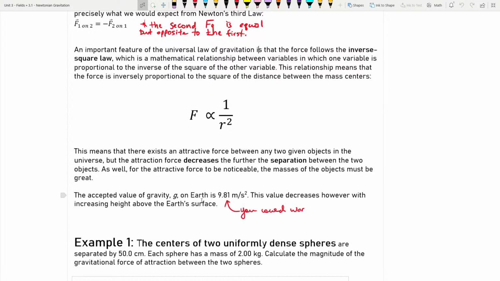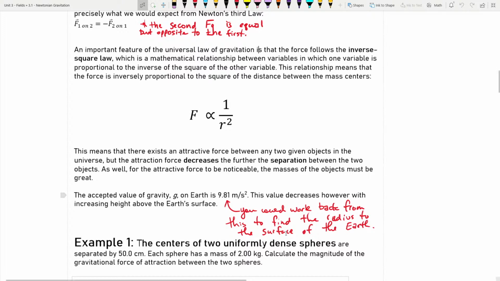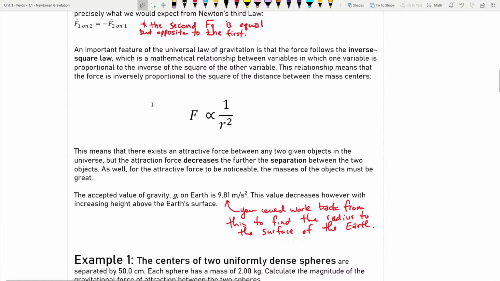You could work back from this to find the radius of the surface of the Earth if you wanted to. I will leave that to your work.